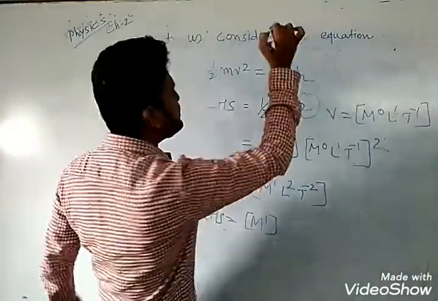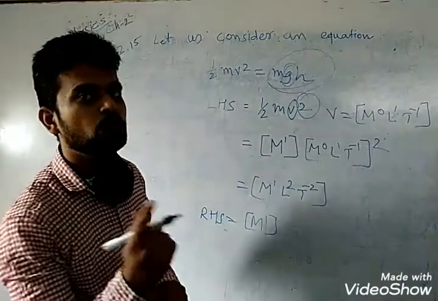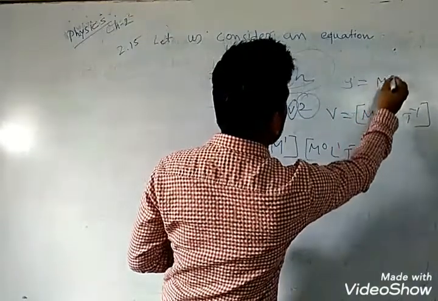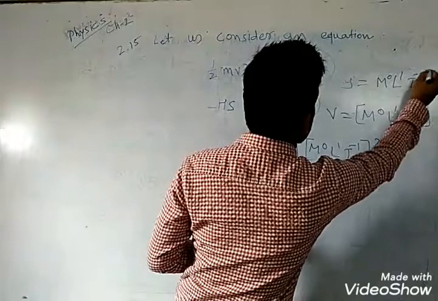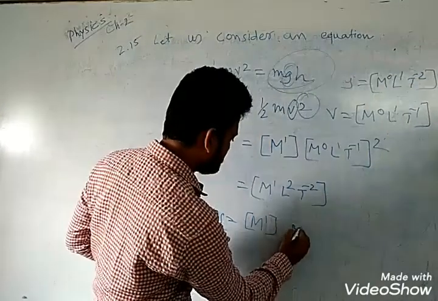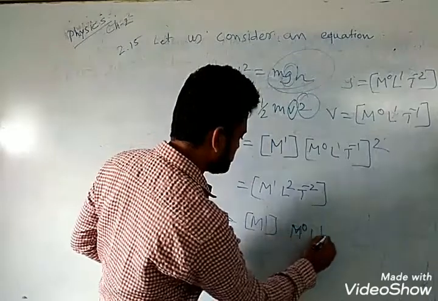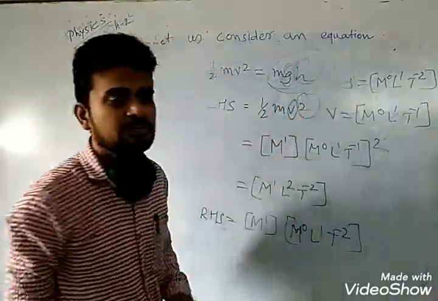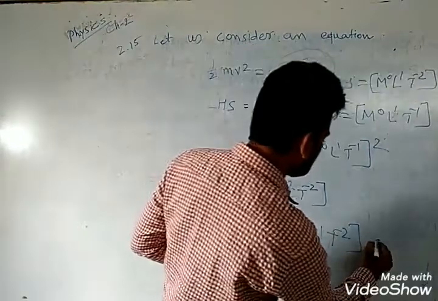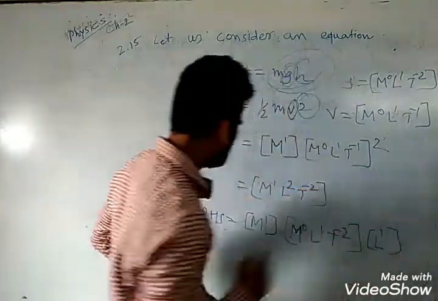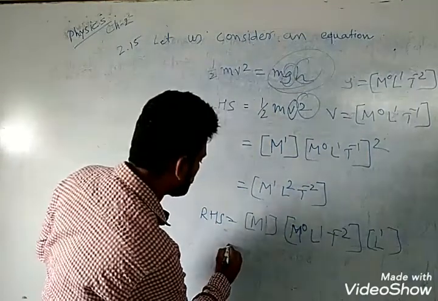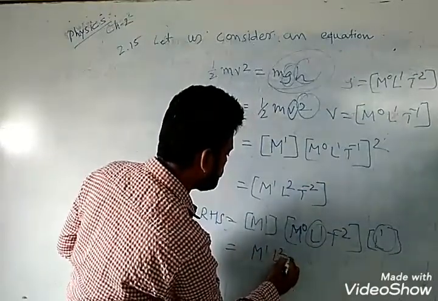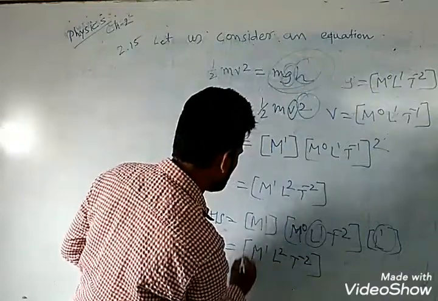For acceleration due to gravity, here we know the acceleration dimensional formula is M⁰L¹T⁻², so again M⁰L¹T⁻². And the last one is height, meaning distance, so L¹. So the final equation is M¹L²T⁻².